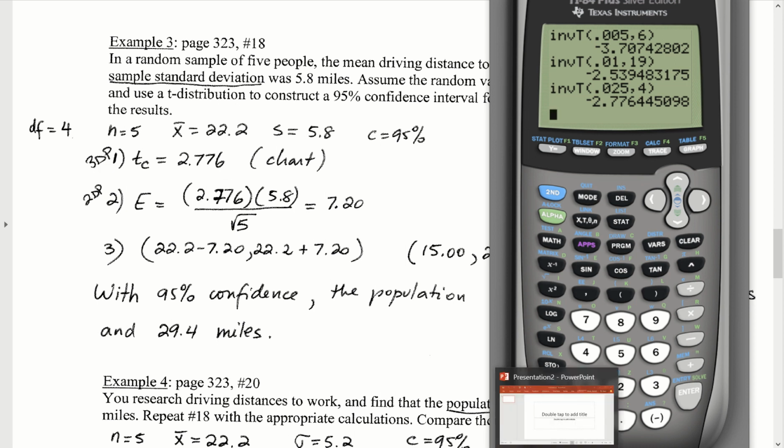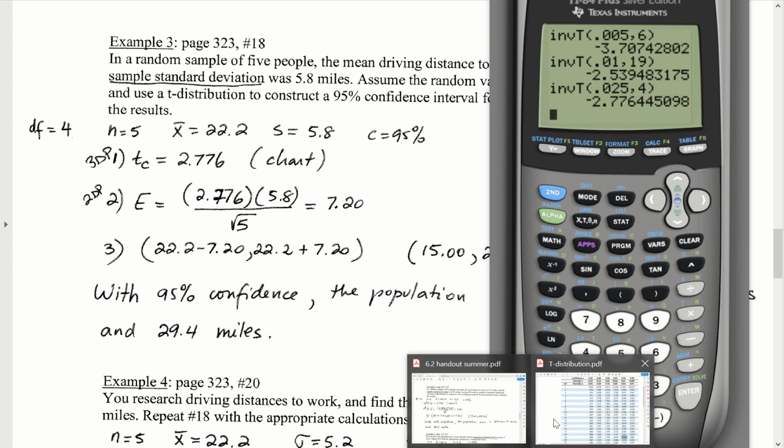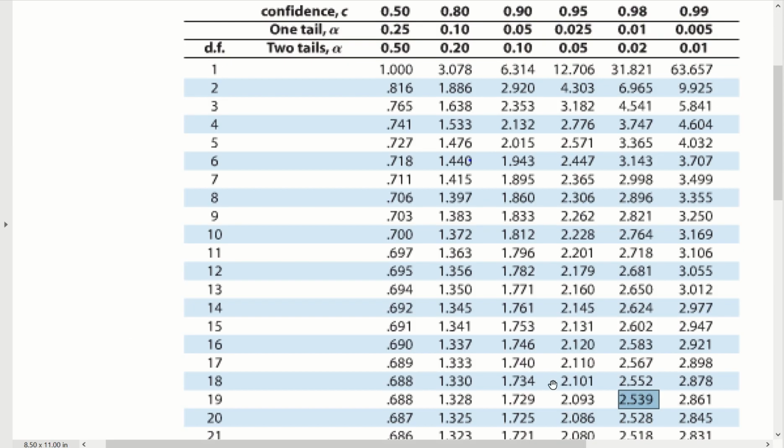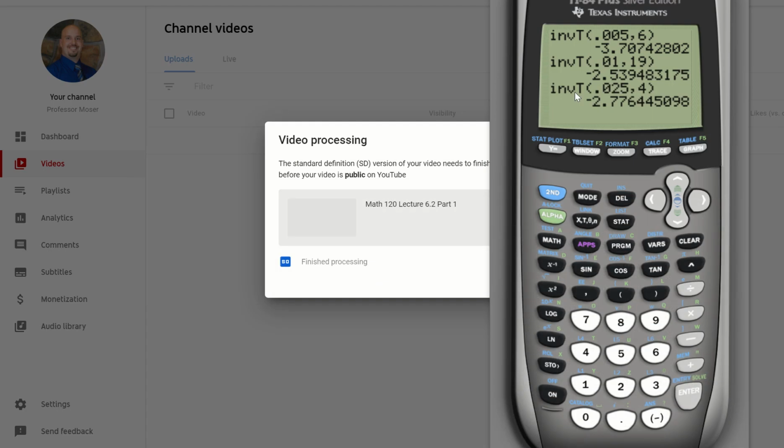If we were to do this alternatively using the chart, we would go first to 4 degrees of freedom. That's going to be this row here. Across the top, we need to locate our 95% confidence interval, and that would tell us that the t-critical value for this problem would be 2.776. Same result we got as when we did the inverse t calculation.